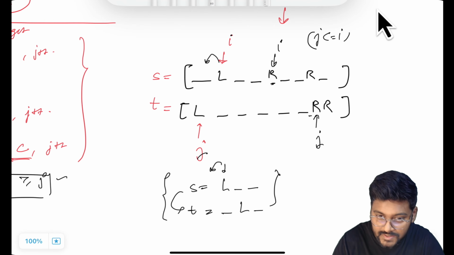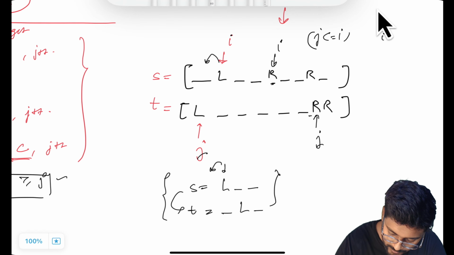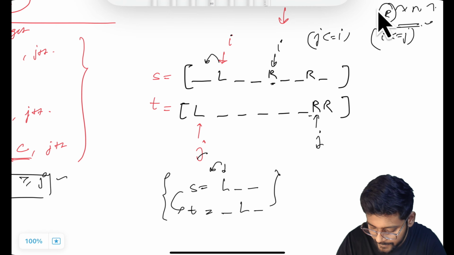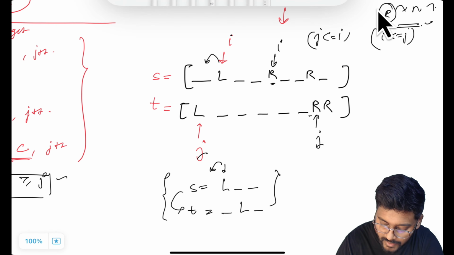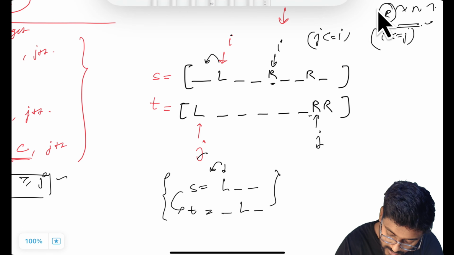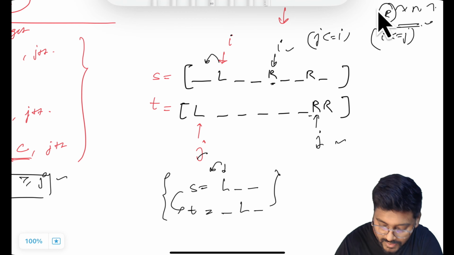First of all, these are same, and then we will check whether this I can be converted to J. This I pointer, after 2 positions, we are coming to J. This I pointer is less than or equal to J. It means this R can easily be moved to the right side because we are having some spaces. Or if this R is coming in between, I will just shift that as well. So this I pointer is less than or equal to the J pointer and we are encountering R, then it is fine.